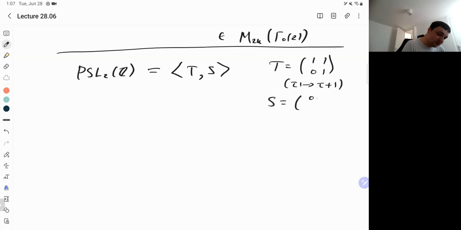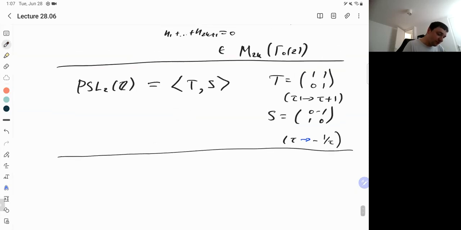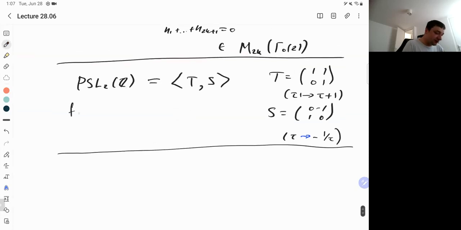And S is this matrix that corresponds to the inversion, or rotation by pi over the imaginary unit. So it's just this Möbius transformation. In principle, since the condition that we have is f slash k of gamma is equal to f for all gamma, and this operation of slashing with gamma is a right group action, it's sufficient to check it only on the generators.